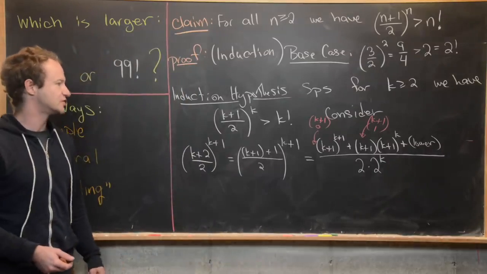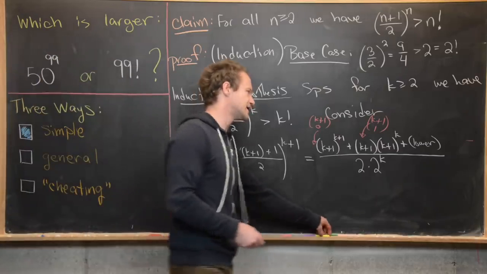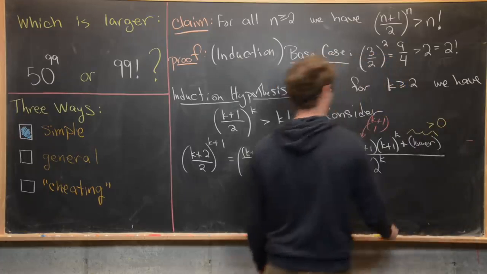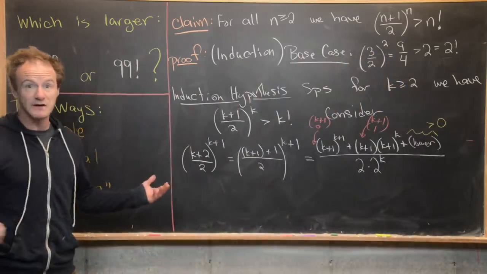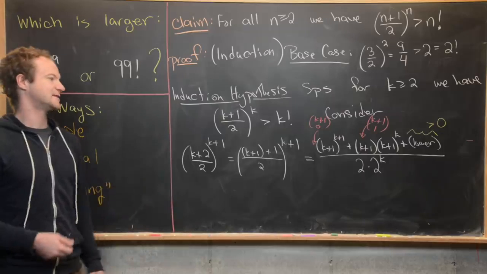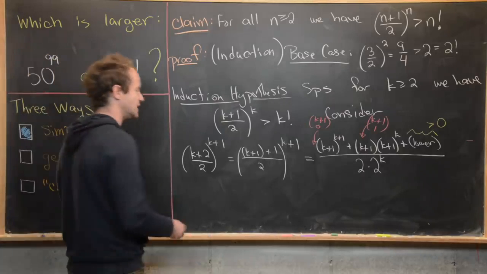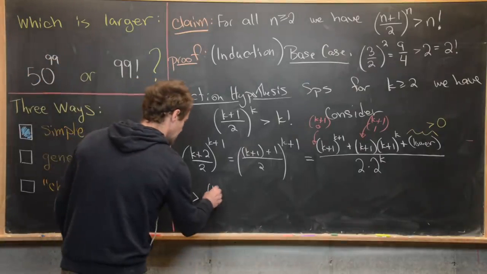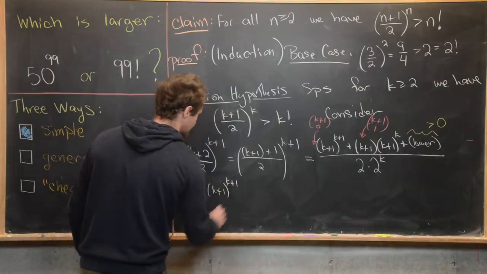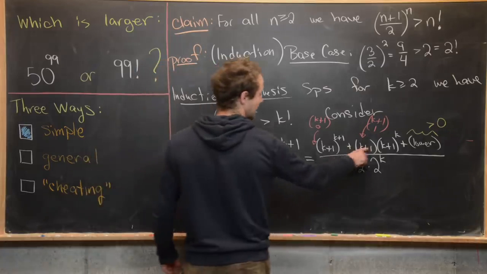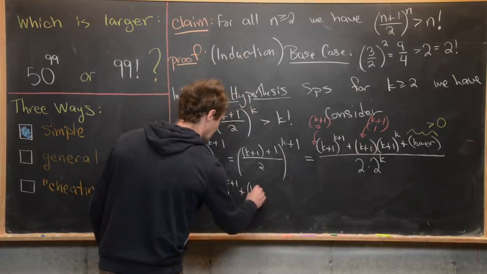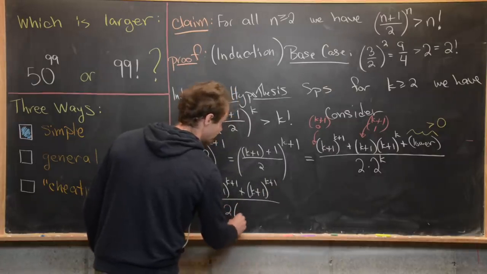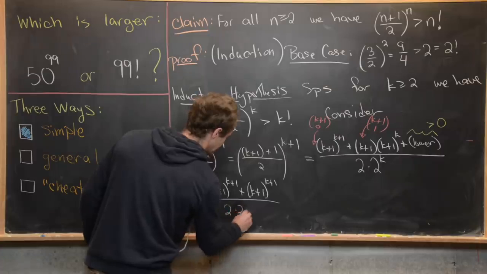Okay, next I want to introduce an inequality. So I'm going to use the fact that all of these lower order terms are bigger than 0 to just get rid of them and realize that we're going to get something smaller. So let's see what we do when we do that. So this is going to be bigger than (k+1)^(k+1) plus (k+1)^(k+1) over 2 times 2 to the k.